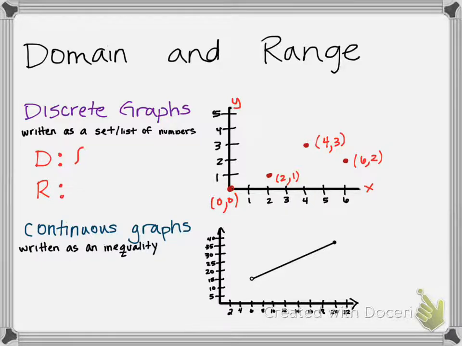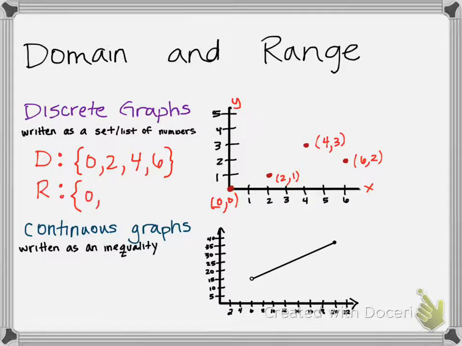Now you do use a curvy bracket to start the list, and then we just number them. So I see a 0, that's the first one, and then a 2. Again, I'm only listing the x values, a 4, and a 6. So that's my domain. And then under the range, we list the output values or the y values.